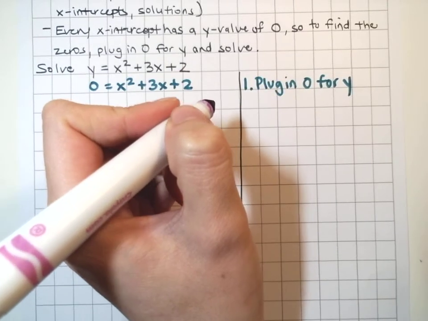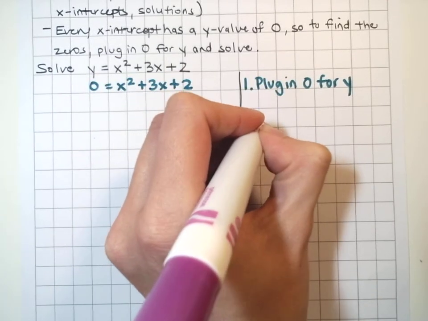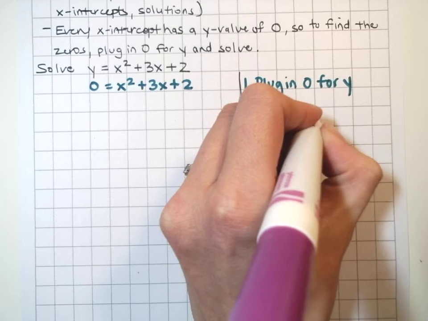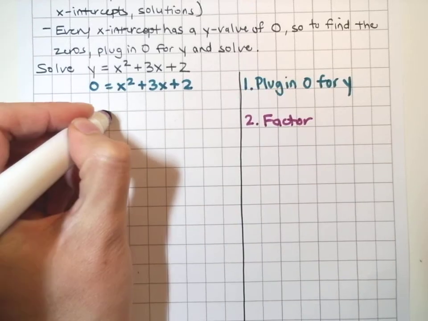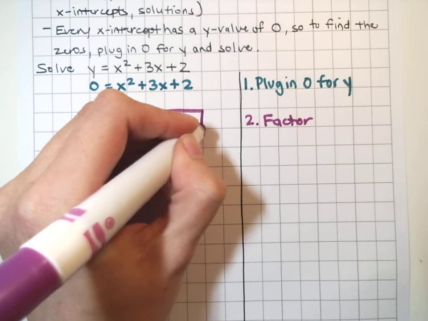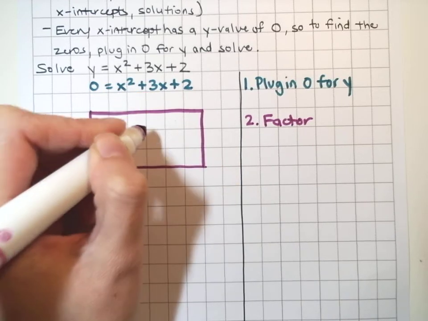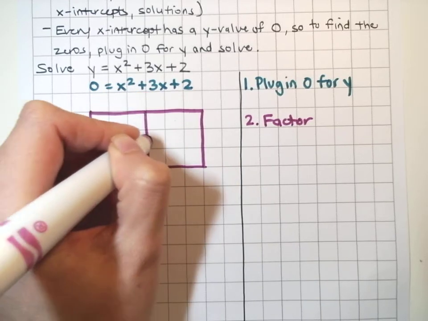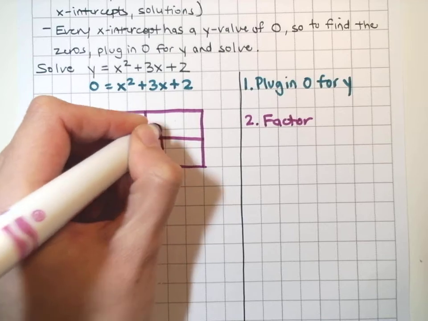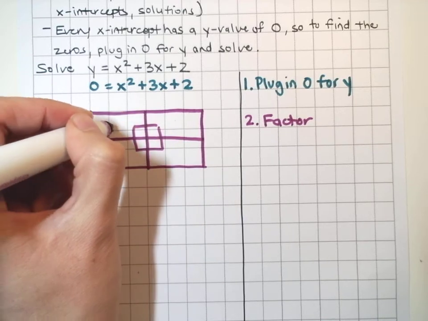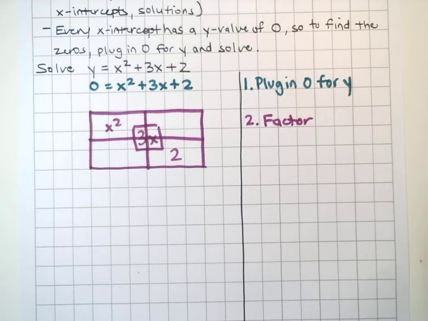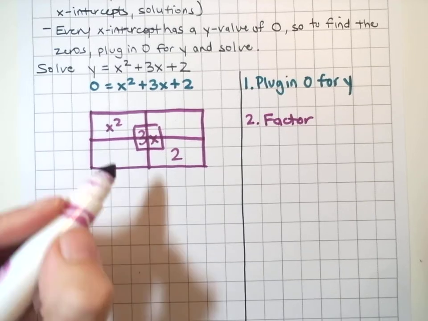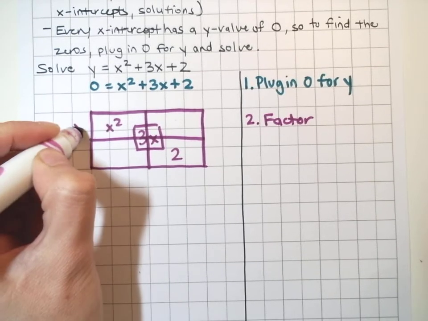Once we do that, we are going to factor. So we have x squared, we have 3x, and we have 2. So what multiplies to give us x squared?